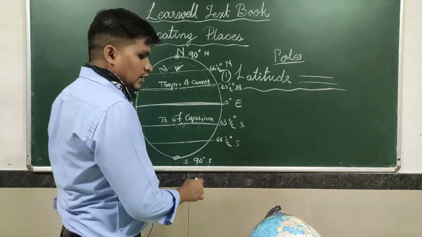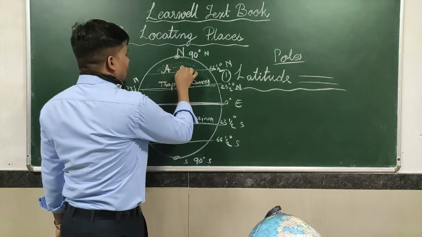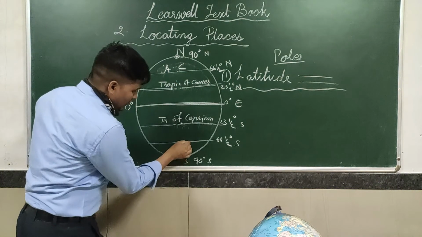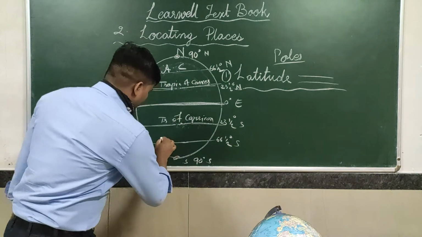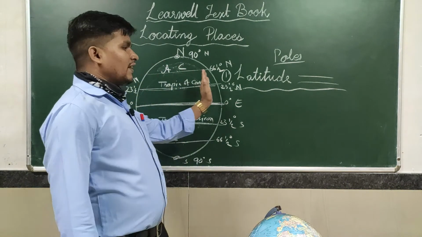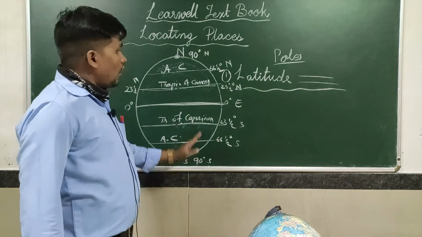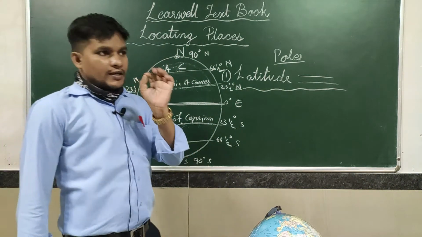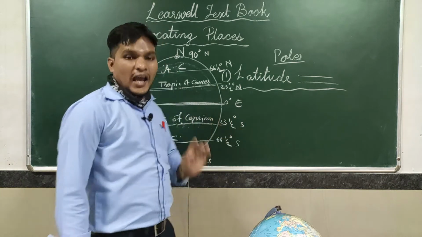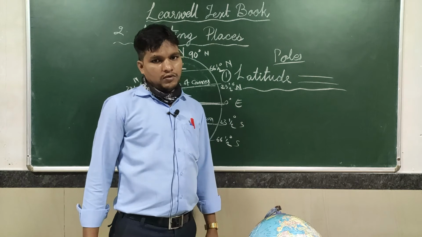Then on the north side, this is called the Arctic Circle. The south side is called the Antarctic Circle. So the Arctic Circle is 66½ degrees north and the Antarctic Circle is 66½ degrees south.